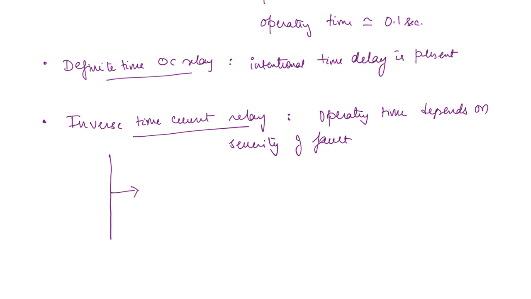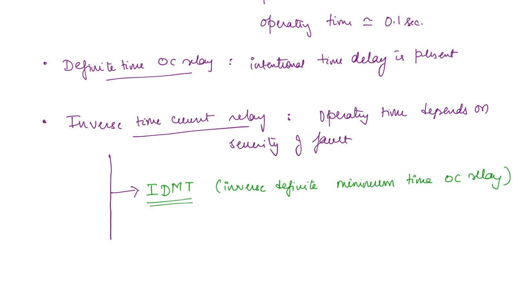One of the most notable and often used relays is the IDMT relay, which is the inverse definite minimum time overcurrent relay. In this kind of relay there will be an inverse relationship when the fault current is nearer to the pickup value.